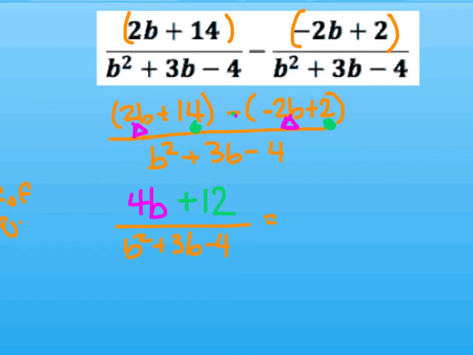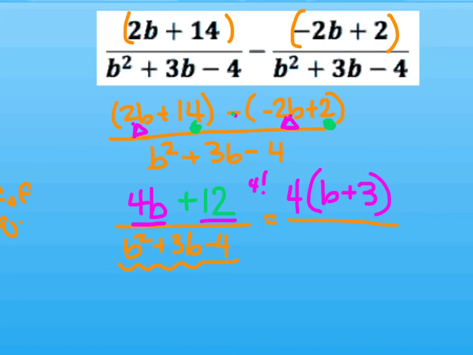After that, we need to factor. Our common factor, our GCF that I'm seeing in this 4b plus 12, is a 4. Woohoo, it stands out. So 4 times b plus 3 is how we're factoring that. Over, bottoms up with this bottom equation, b squared plus 3b minus 4.